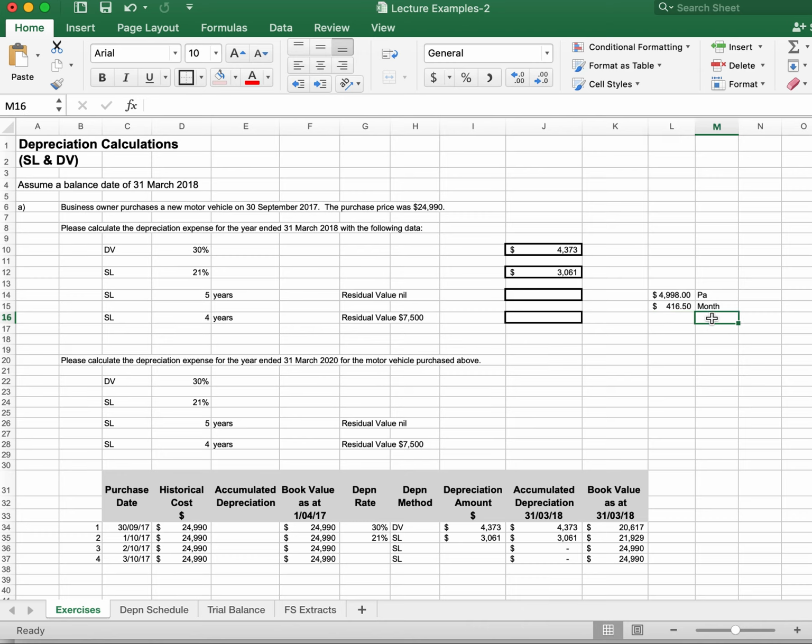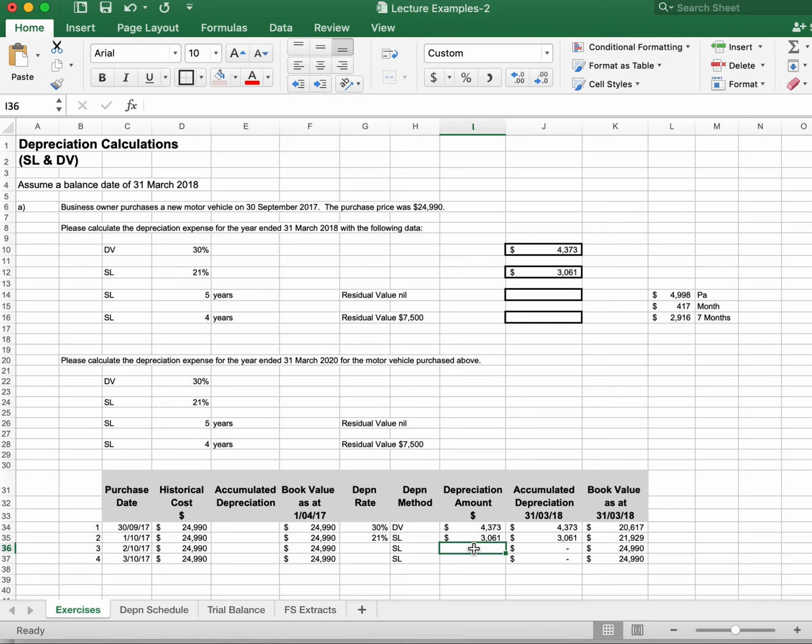So for this period down here, the one we're doing now, for 7 months, it's simply how much it is a month times 7. And that will give us the amount for that 7 month period.